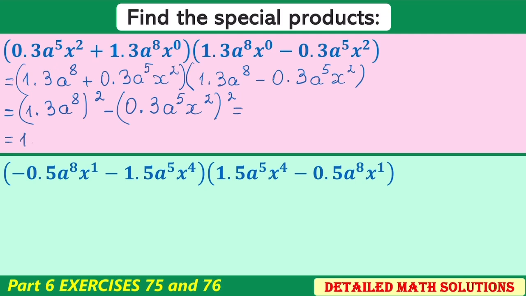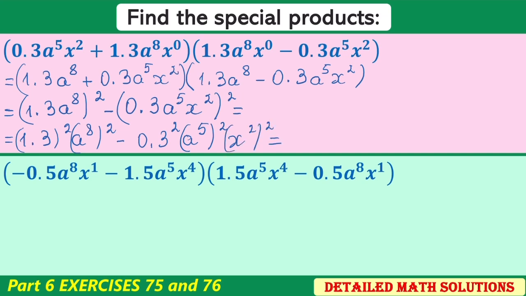This equals 1.3 squared a to the 8th power squared minus 0.3 squared multiplied by a to the 5th power squared x squared in parentheses squared. When I simplify further, I get 1.69 a to the 16th power minus 0.09 a to the 10th power x to the 4th power.